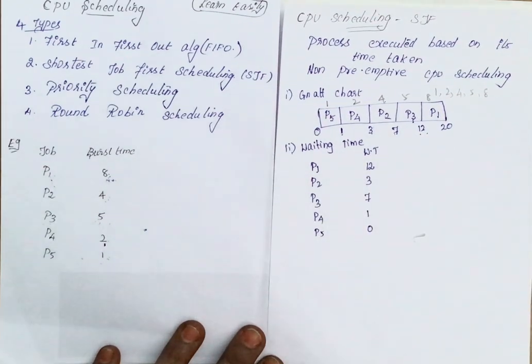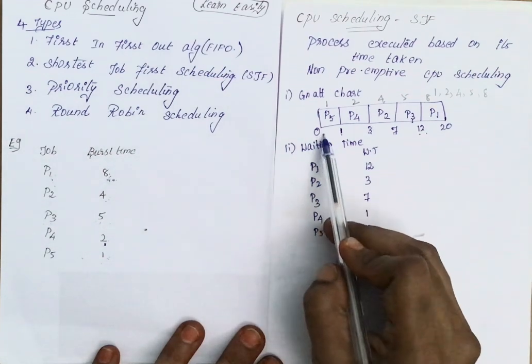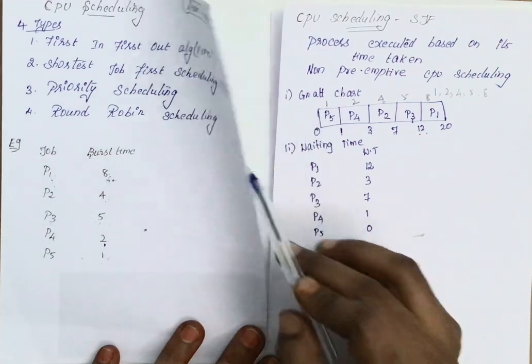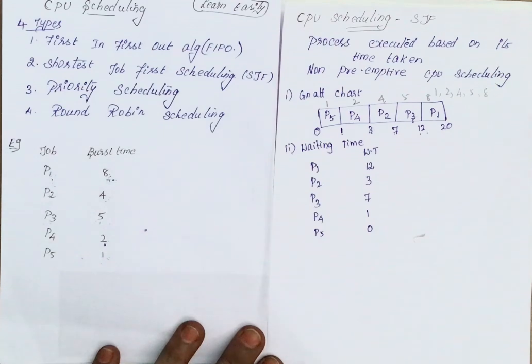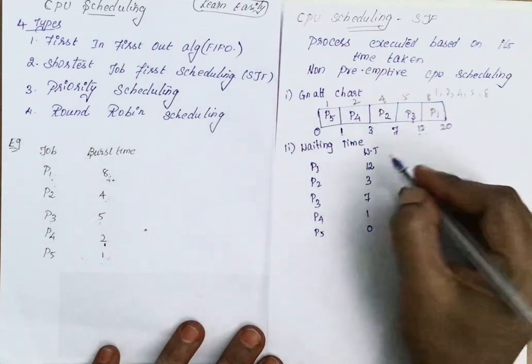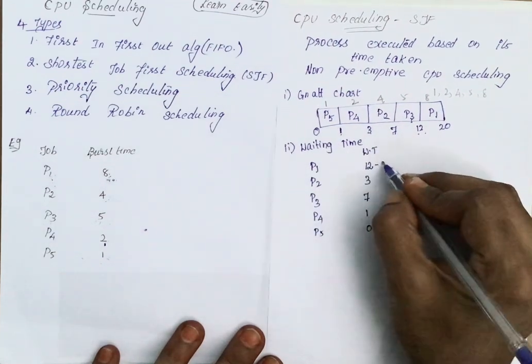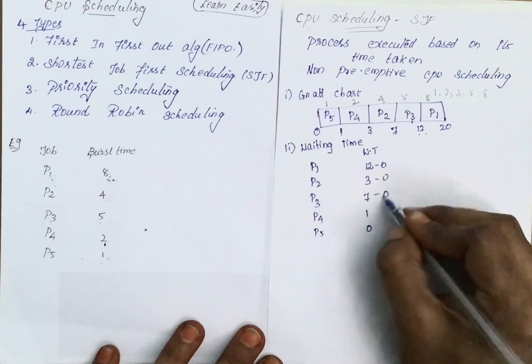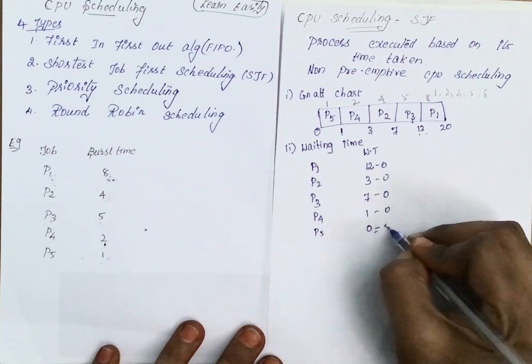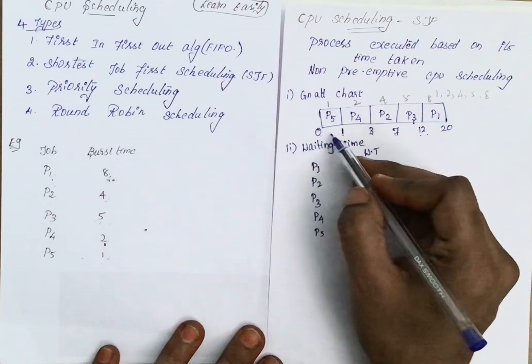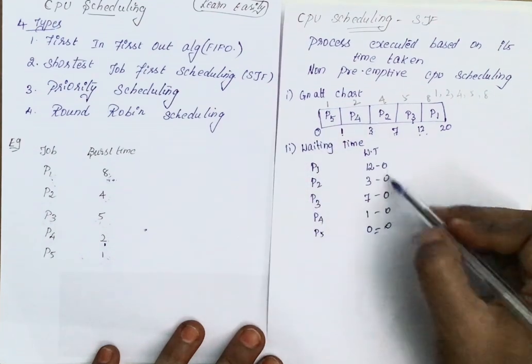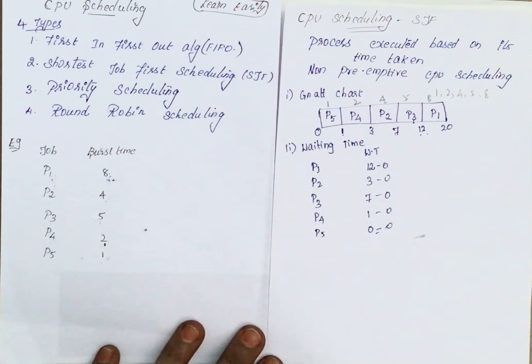But one more thing we have to consider: the waiting time here starts at 0. In some situations there will be some starting time given, like 1 second or 2 seconds. If so, we have to subtract it, because the process starting time has to be noted.